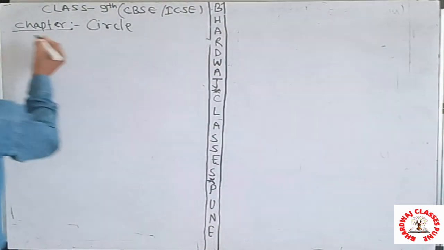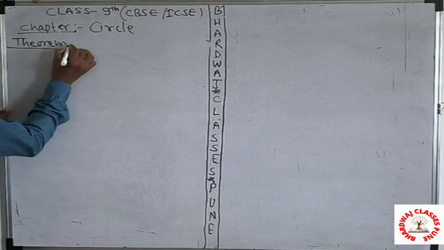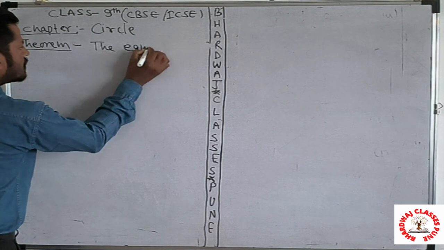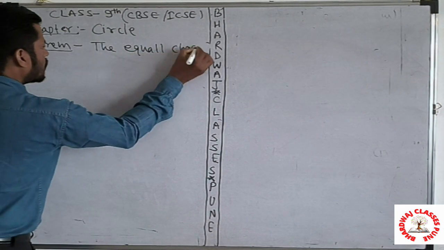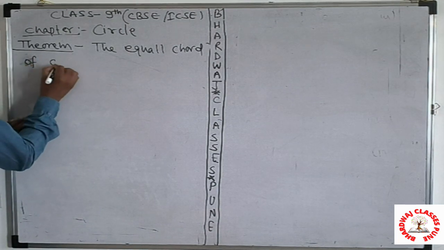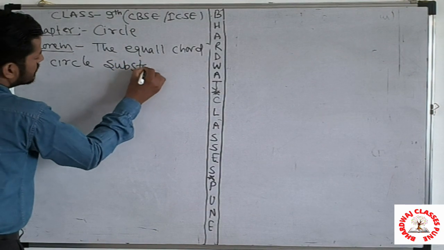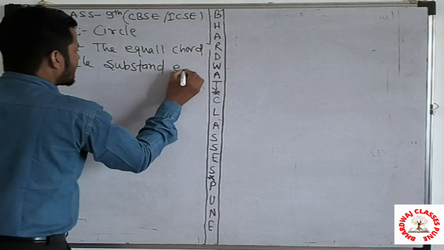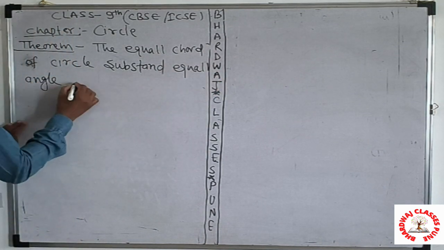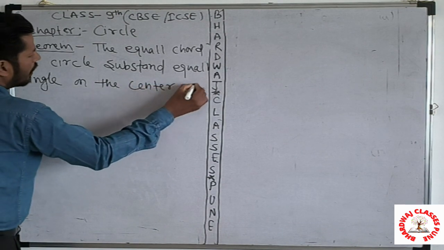Now guys, the first theorem: equal chords of a circle subtend equal angles at the center of the circle.